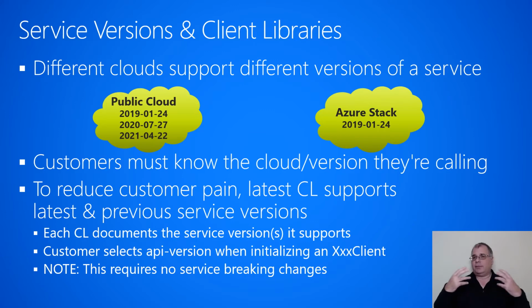So we're trying to simplify for customers that there's not this version of the client library for this version of the service, this version of the client library for this version of the service. What we're trying to say is this client library supports these versions of the service. And then the customer can grab any client library that supports the version they want to talk to, and newer client libraries support later versions of the service.